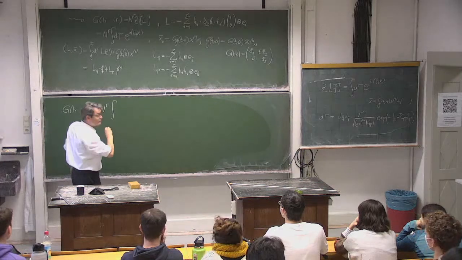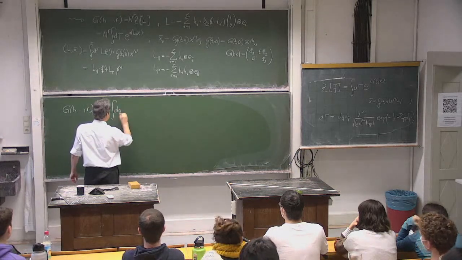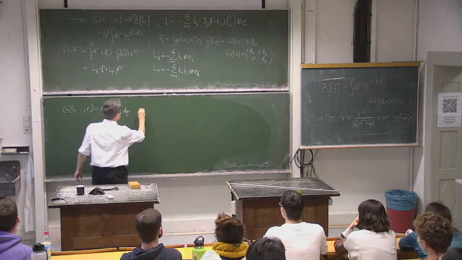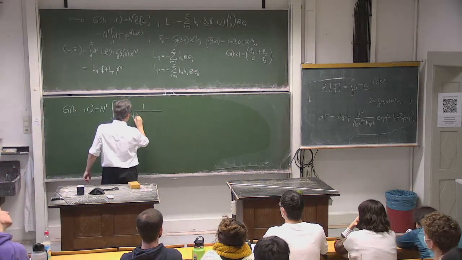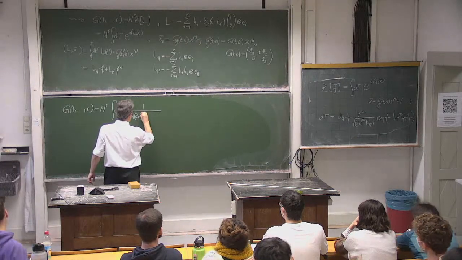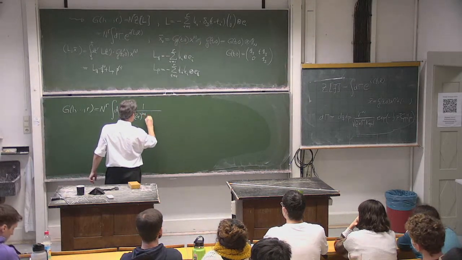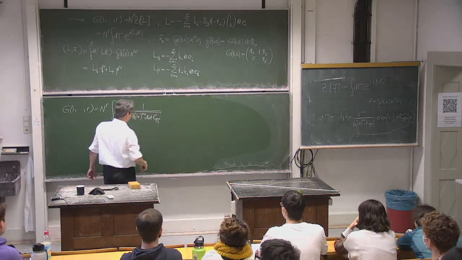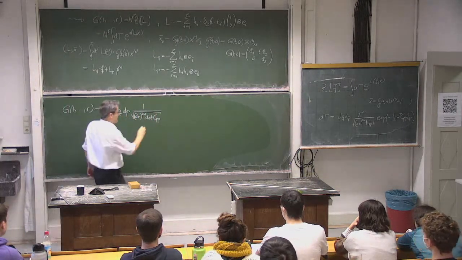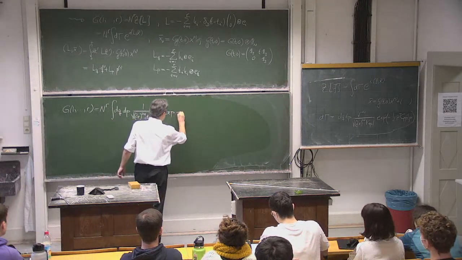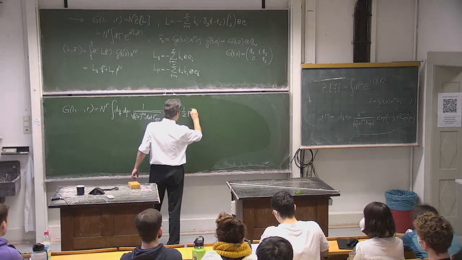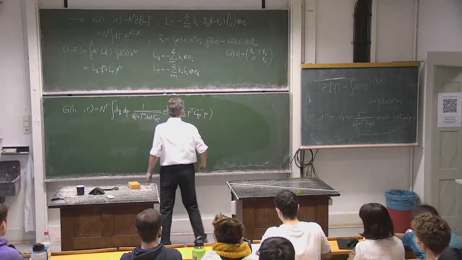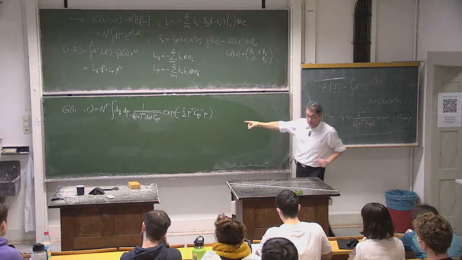I'm going to write this integral measure out: integral dq dp, now the probability distribution for the momenta, a normalization factor now. This is just another way of saying d gamma.